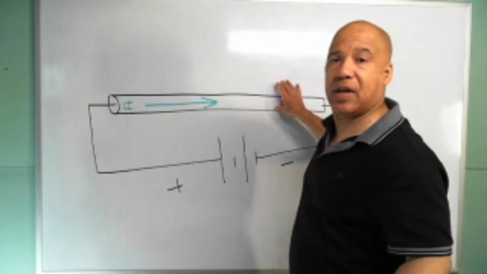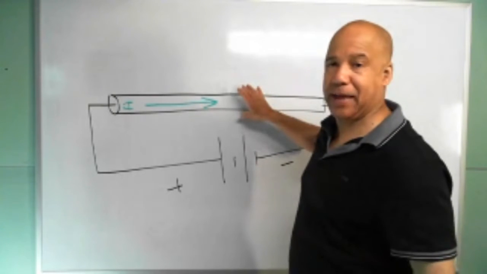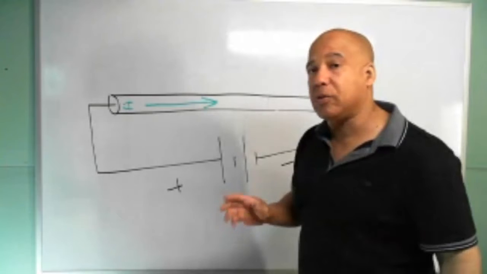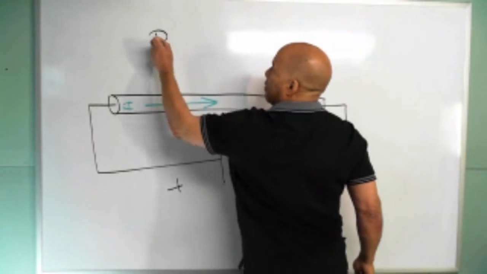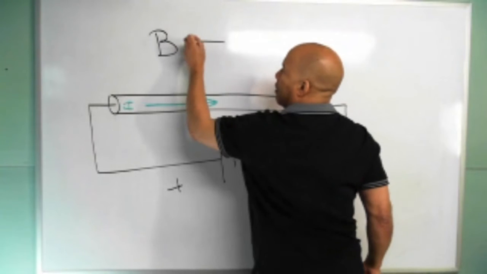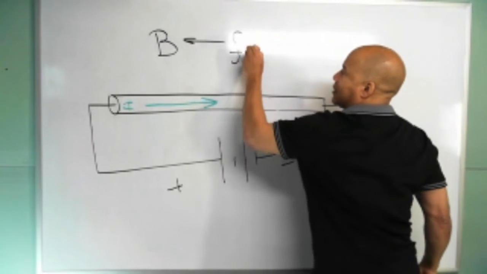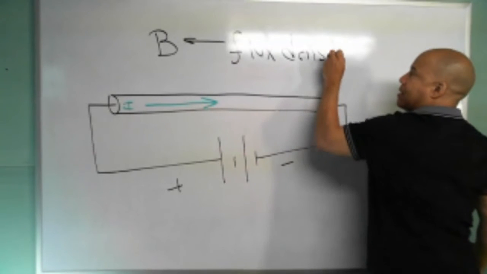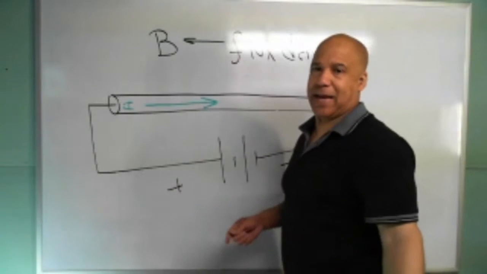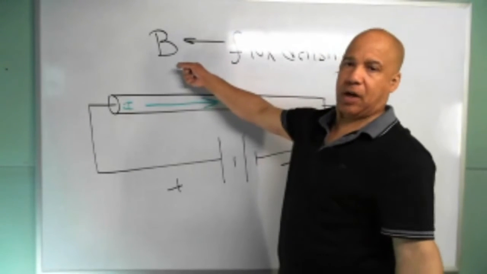And the question I want to answer is, what does that magnetic field look like? The cool thing about this is, remember, we use B for flux density. And when we talk about the magnetic field, that's what we're talking about. We're talking about the flux density.